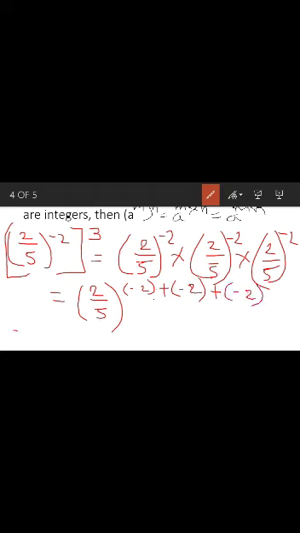Okay, what will it come? 2 upon 5 raised to minus 6. Now we need to change the minus sign of the index. If you want, you can change the denominator and numerator also, no problem.